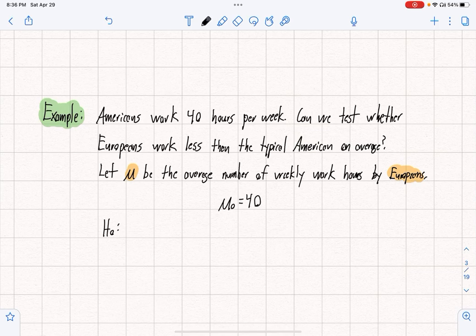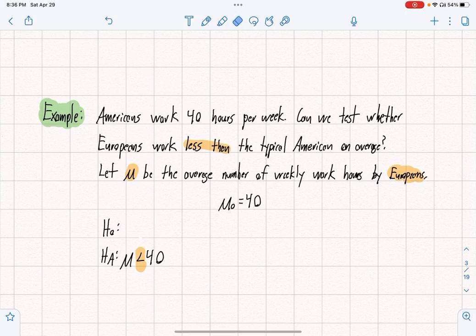Okay, H naught and HA. So we want to know if Europeans work less than Americans. So Americans work 40 hours, then that means we're testing whether mu is less than 40. Notice that less than is coming from Europeans work less than Americans.